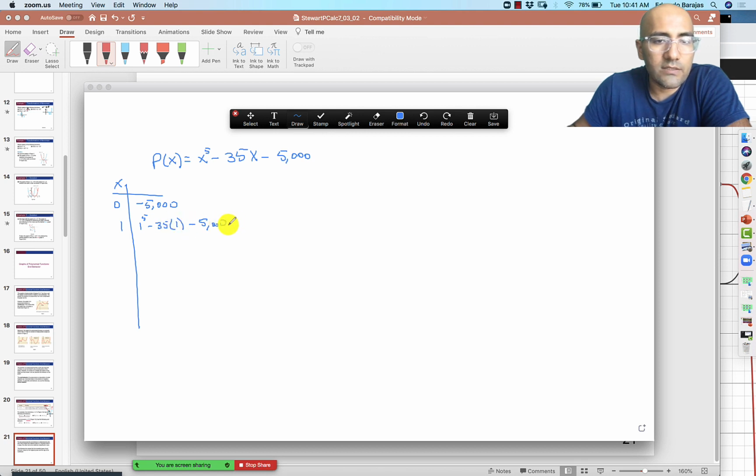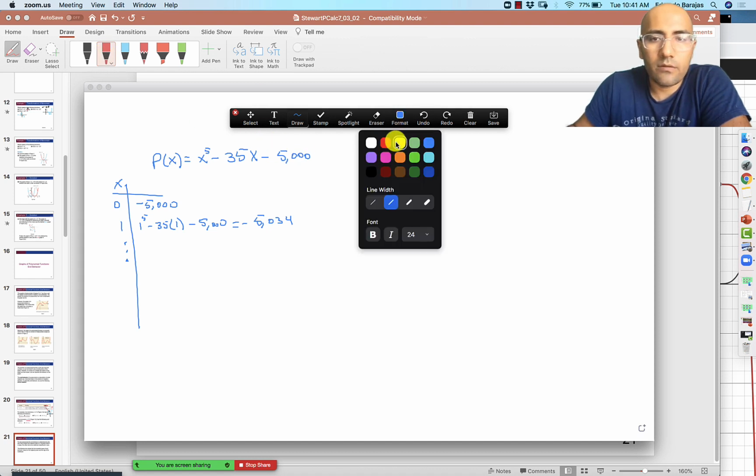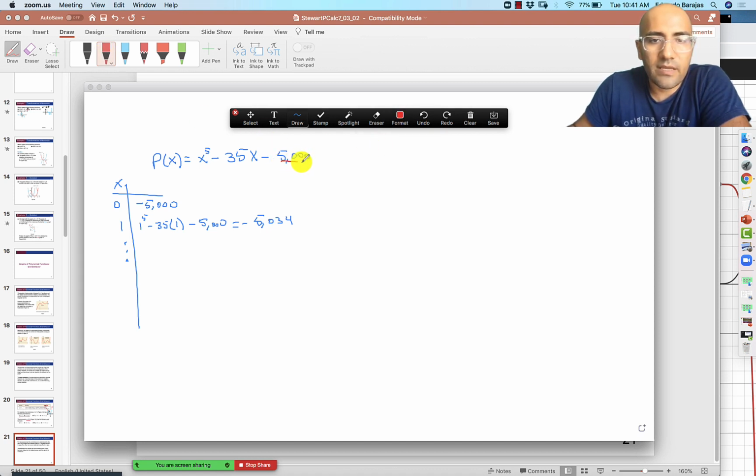This one's also easy. 1 minus 35 is negative 34, minus 5,000 gives you negative 5,034. So a big negative number, right? And as we put in different values of x, these really big numbers here will dominate. There's a big negative there, and there's a big negative there.